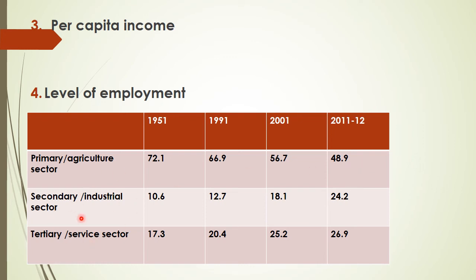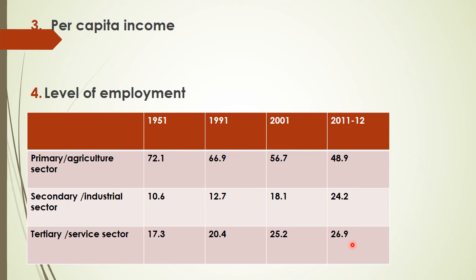If we talk about the industrial sector, in 1951 it was 10.6, which increased to 24.2 in 2011-12. And in the service sector, in 1951 it was 17.3, which increased to 26.9 in 2011-12.